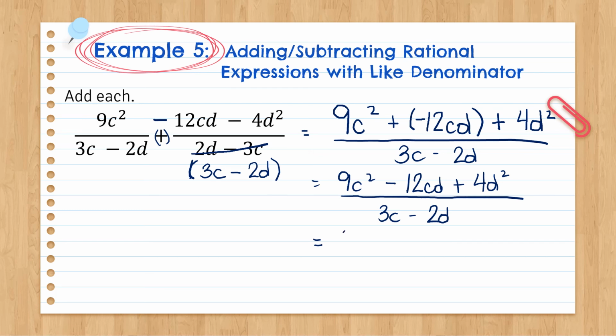Siya ay trinomial, so product siya ng trinomial. 9c squared tsaka 4d squared, kunin natin ang square root para mahati natin. Malay nyo yun yung factor para mas madali tayo makakuha. For 4d squared, pwede natin siyang 2d tsaka 2d. Ang dulong term natin ay positive. So, ibig sabihin, we can have 2 positive signs or 2 negative. Pero kung babalikan natin yung middle term, siya ay negative. So, ang magiging factor lang or possible lang yan kung dalawang negative ang ating factor.